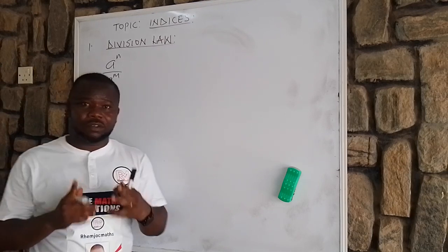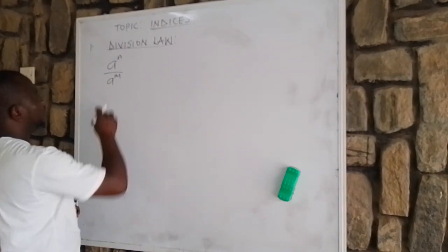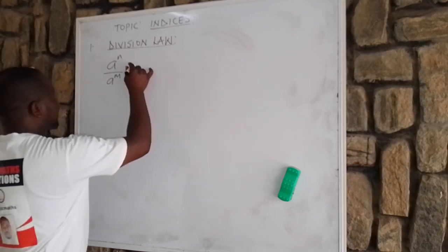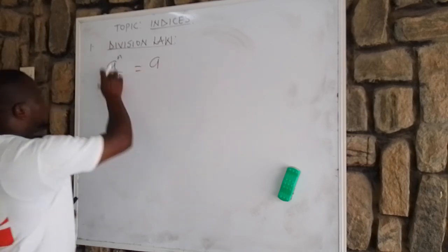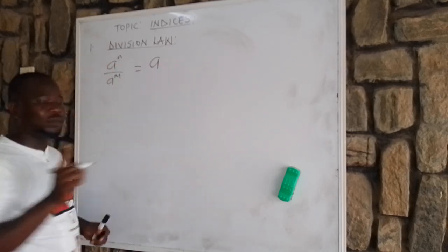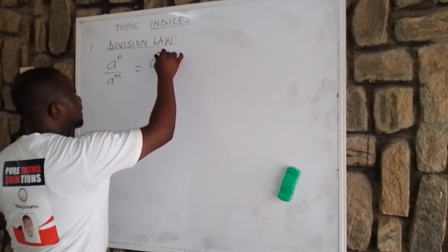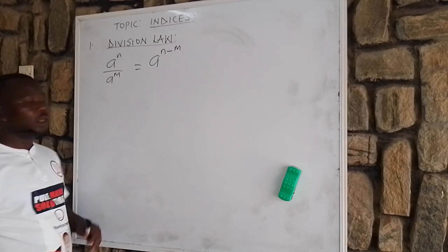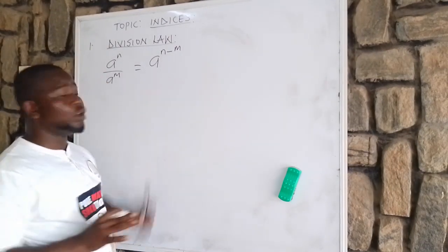This is division. This is the same thing as a raised to the power of, since the bases are the same, you pick one of the bases, then n minus n. This is the answer, and this is how you are supposed to solve it.